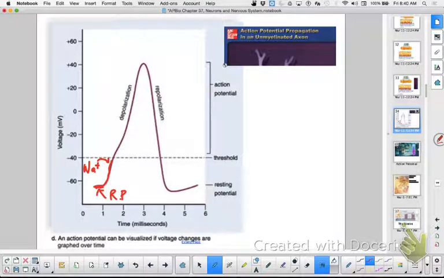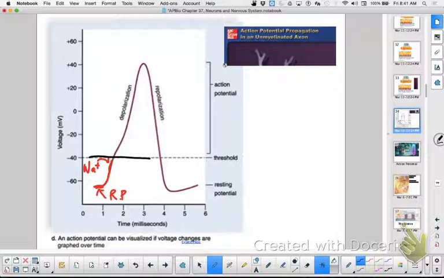Because some gates were left open and sodium went from a higher concentration to a lower. What opened up those gates? It could be a neurotransmitter from the last neuron that it synapsed to. It could be a receptor cell that's triggered. But all of a sudden, sodium's starting to come in. And if enough sodium comes in and it reaches what's right here?